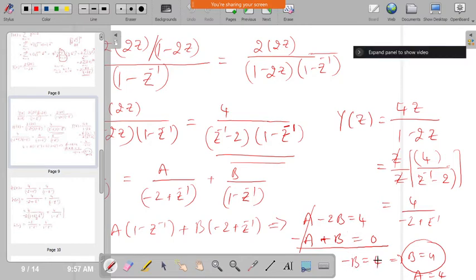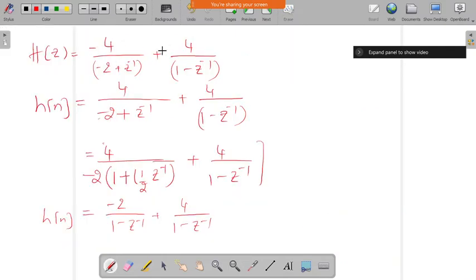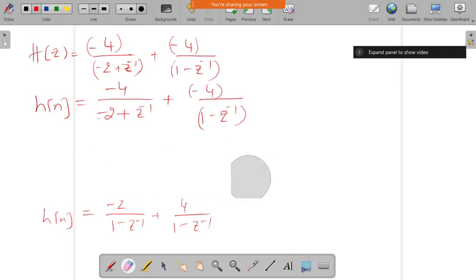See here b equal to minus 4, a equal to minus 4, both will get minus 4, and here minus 4, and then here also minus 4.